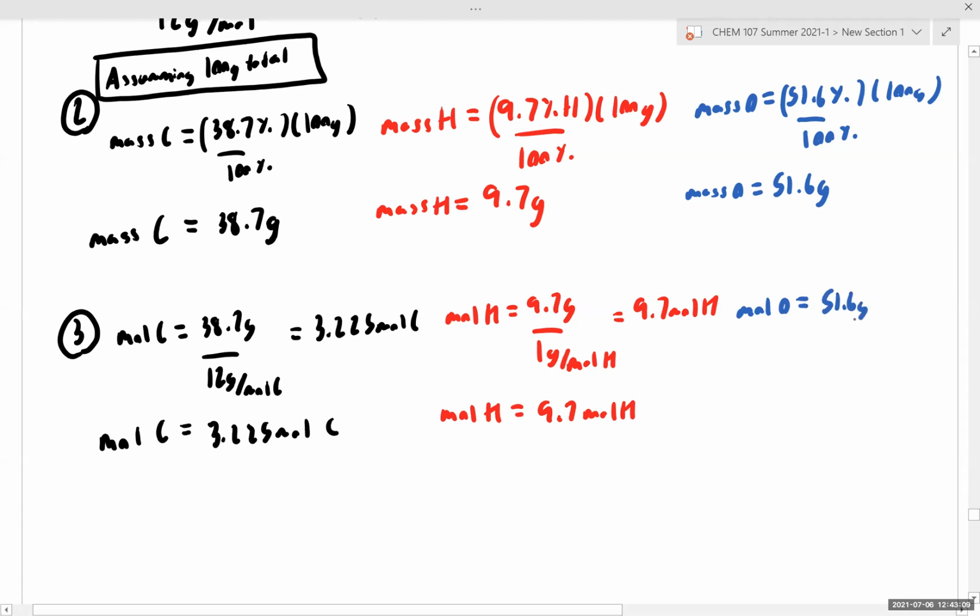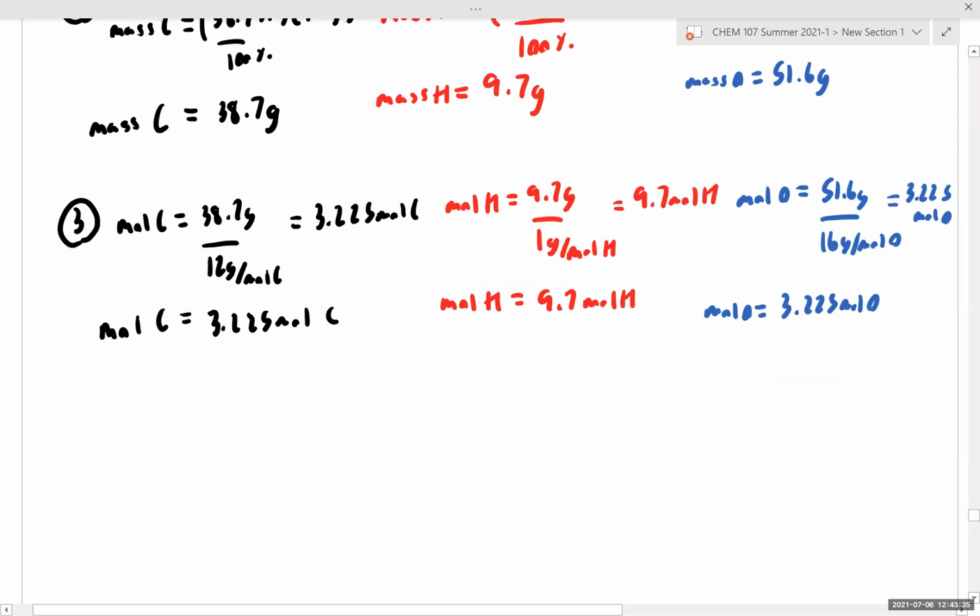We take our mass of oxygen, which is 51.6 grams. We divide by our molar mass, which is 16 gram per mole oxygen. 51.6 over 16, and that gives us 3.225 moles of oxygen. Perfect.